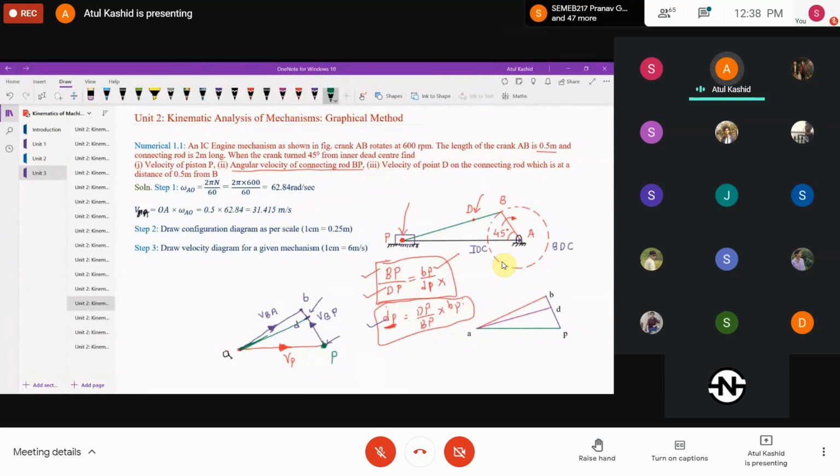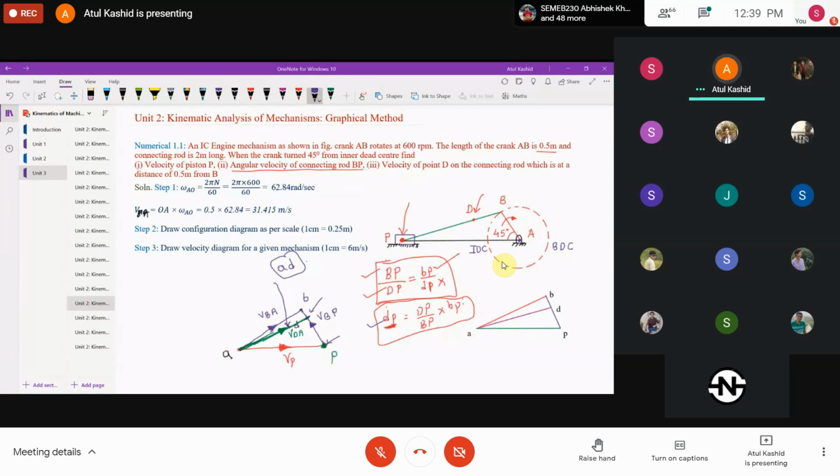If I draw the arrow, this will be velocity of D with respect to A, or this is the absolute velocity, or we can also write it as velocity of D. As I told you, whenever we talk about the absolute velocity, we can take it as velocity of D or velocity of D with respect to A. Now to obtain the velocity of D, we have to measure this vector, which will be AD, and calculate the velocity.